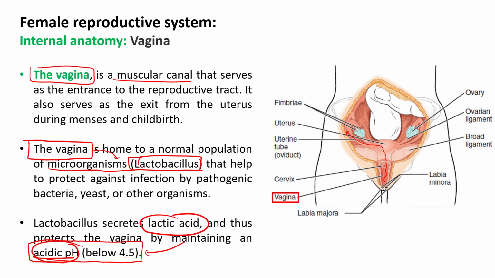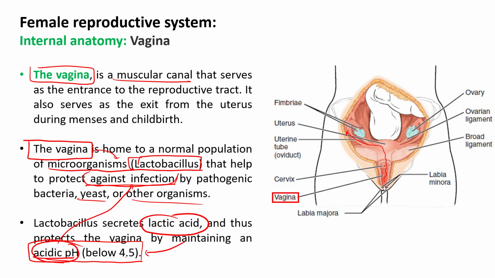That acidity also prevents other bacteria from growing in the vaginal canal and protects against infections by pathogens, yeast, or other organisms. We can also include there that it destroys sperm. So that's the importance of the prostate gland secretion, to neutralize that acidity.